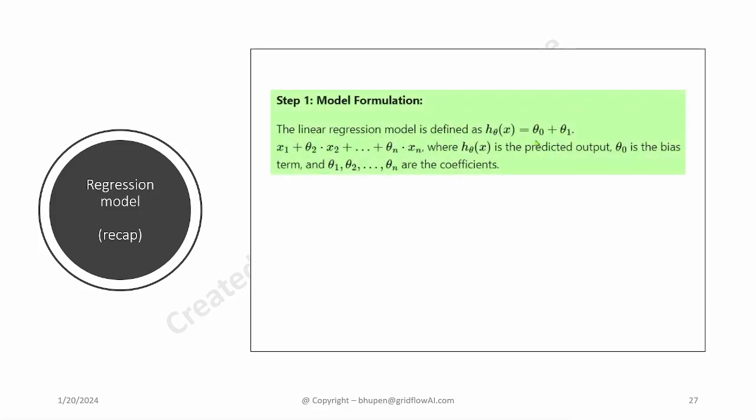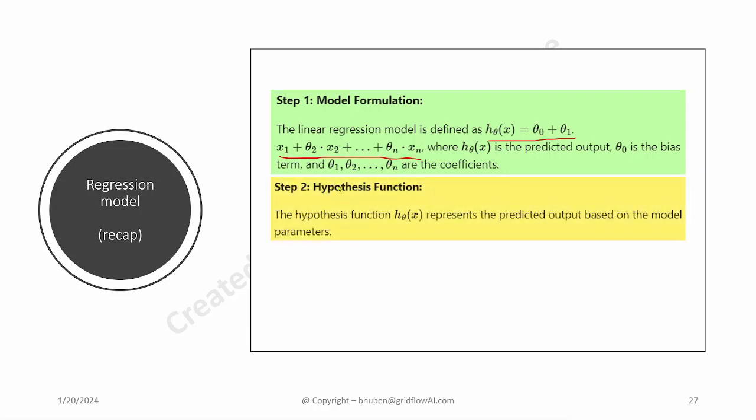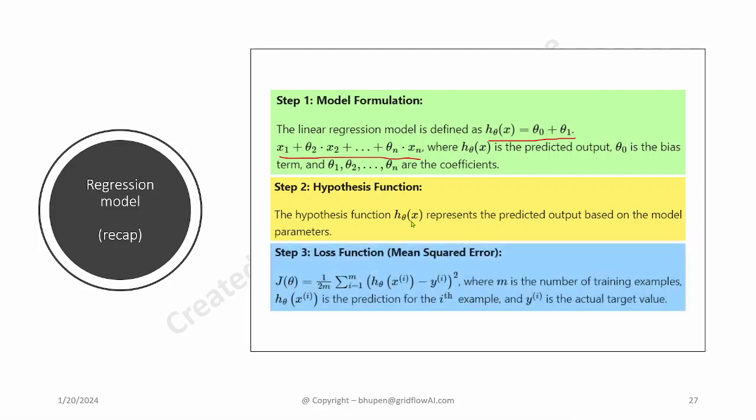Let's do a quick recap how regularization will be applied to, let's say, linear regression. So let's do a quick recap of how linear regression model is implemented. So this is how you have a equation of a linear regression, x1, x2, and xn, and hypothesis function, which is basically your prediction.